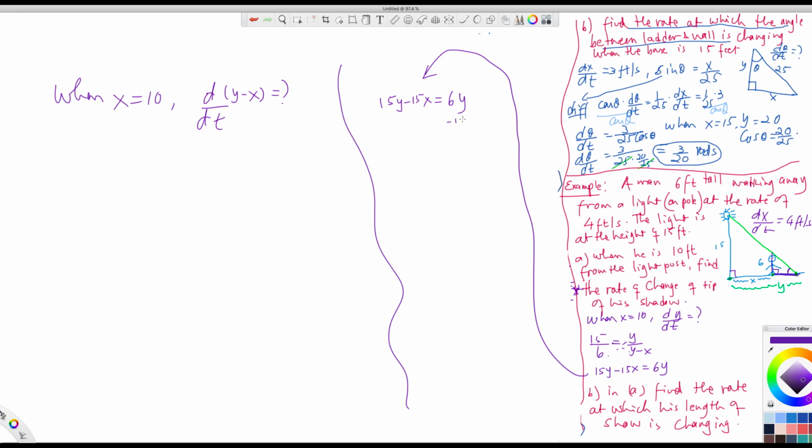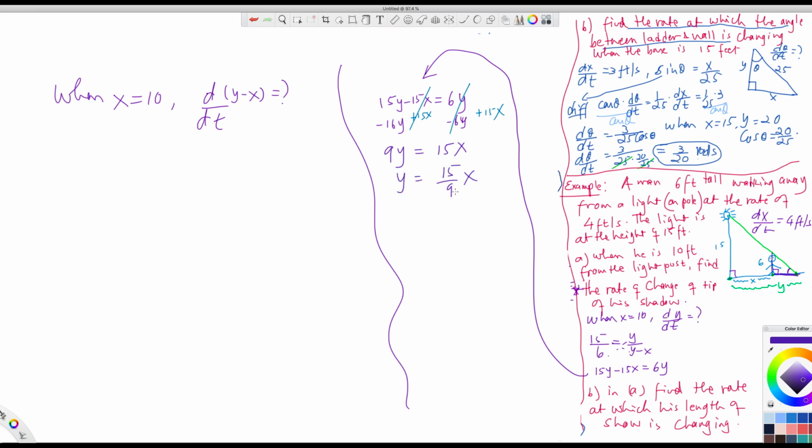Let me subtract 6y and then add 15x. So you cancel 15x and 15x, 6y and 6y. What is left there is basically 15y minus 6y, which is 9y, equals 15x.